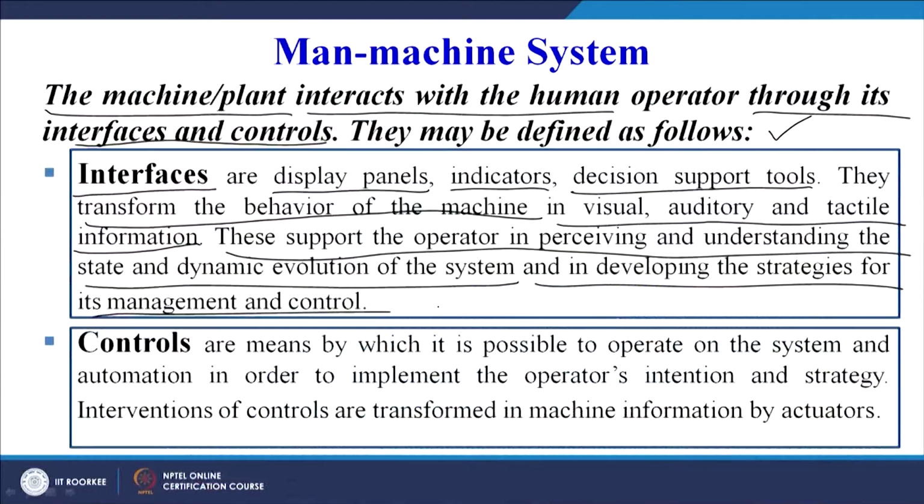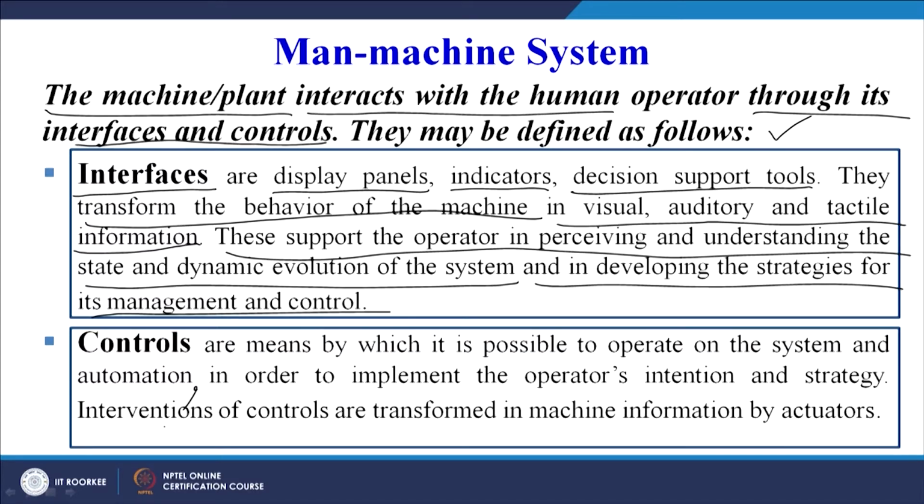So pulling the lever, the lever is acting as a control. Now what is the operator's intention in our example? That he wants to stop the machine because the forces have gone beyond a particular level.